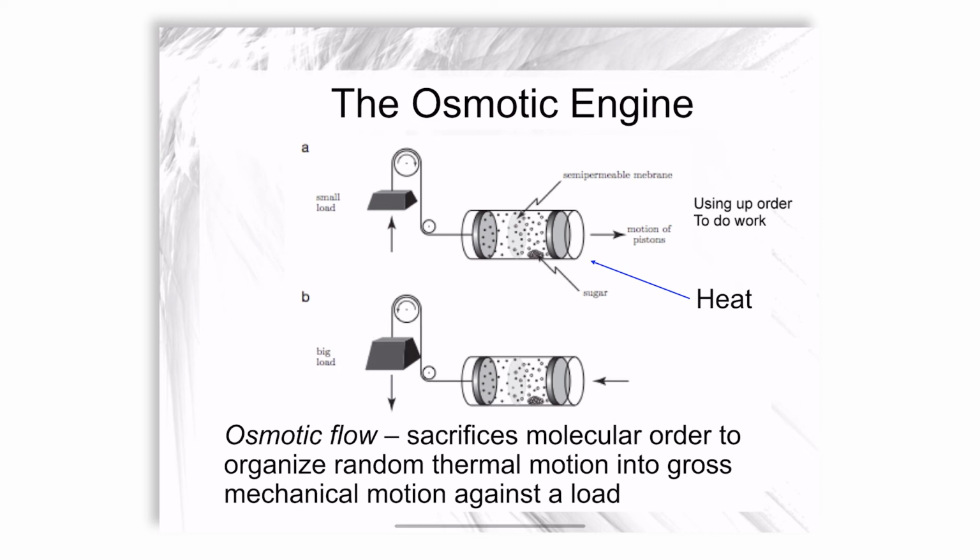Now, there is an opposite scenario you can imagine where the mass is very large and it acts downwards, and the sugar is still in the right-hand side compartment. But because the mass opposing this osmotic pressure is so large, we're still talking qualitatively, that instead of going right, both the pistons move left.